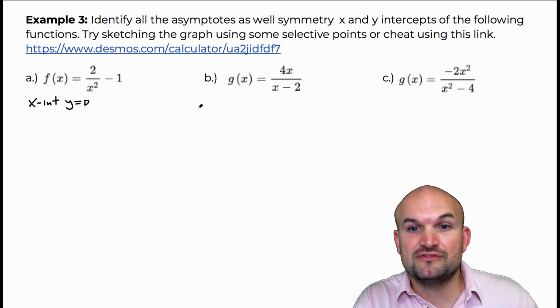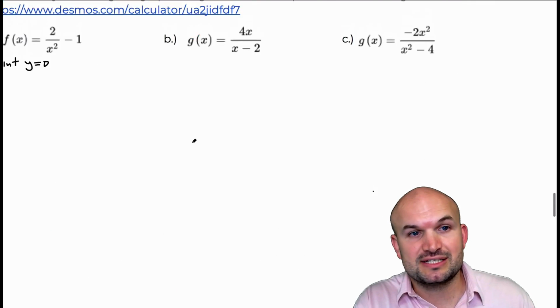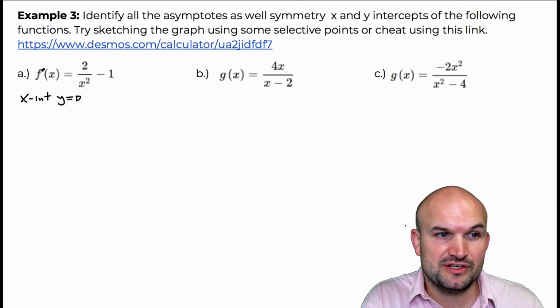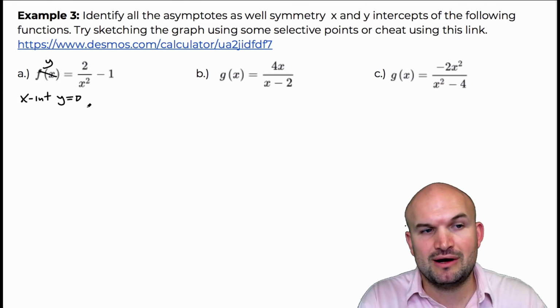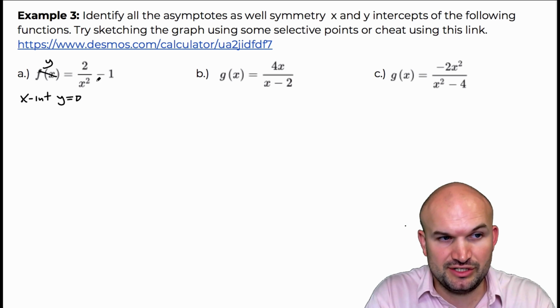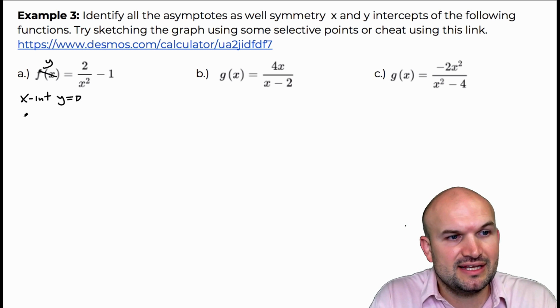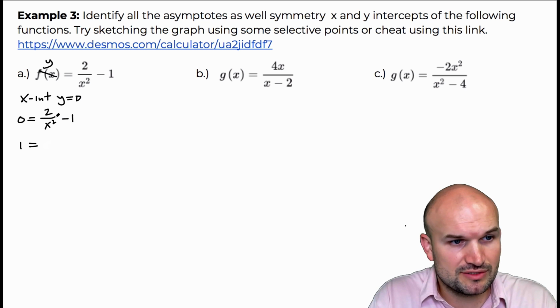Now again, I'm using function notation here, but we could easily just replace all of these output values with a Y. I'm not going to do that for each and every one. So if I set that equal to Y, I have 0 equals 2 over X squared minus 1. I'll add the 1 to the other side, so I get 1 equals 2 over X squared.